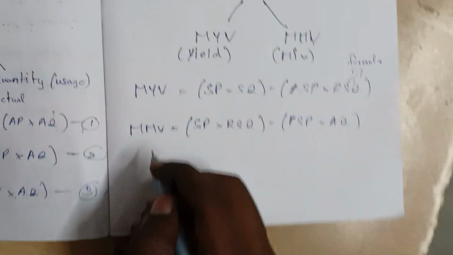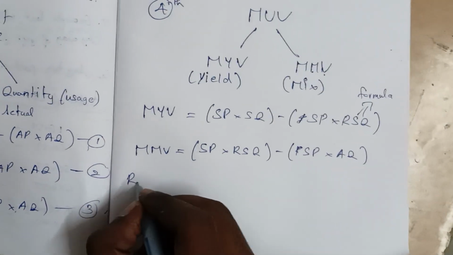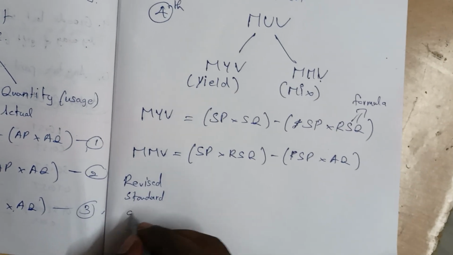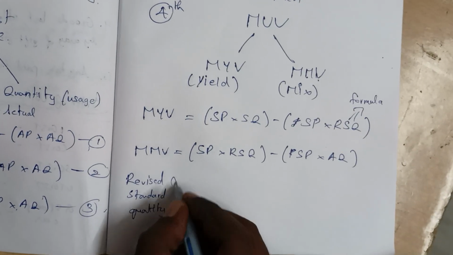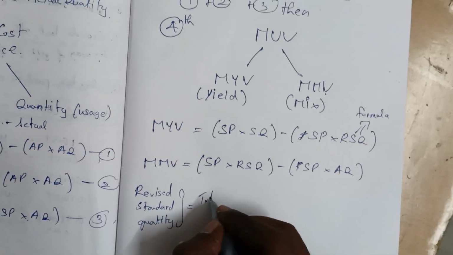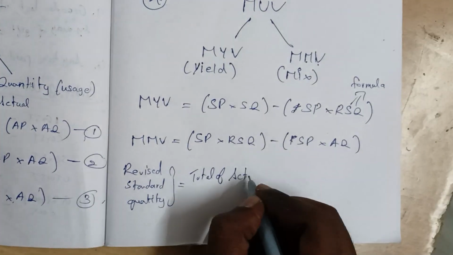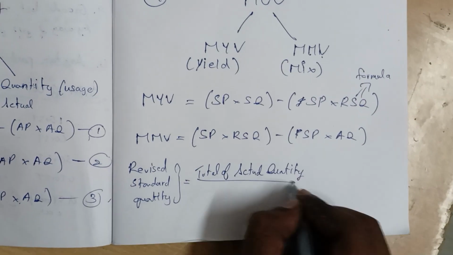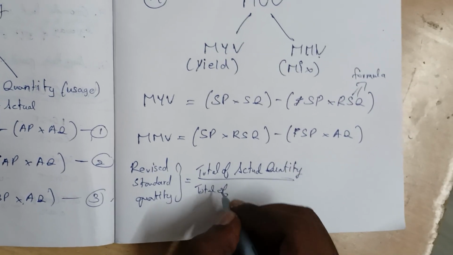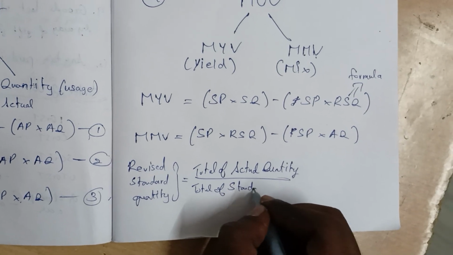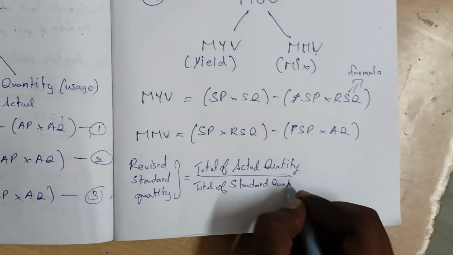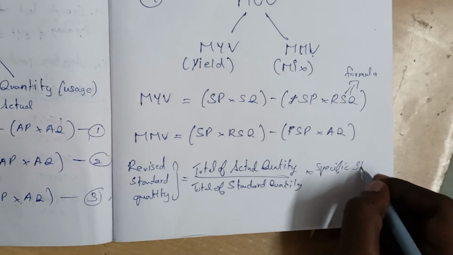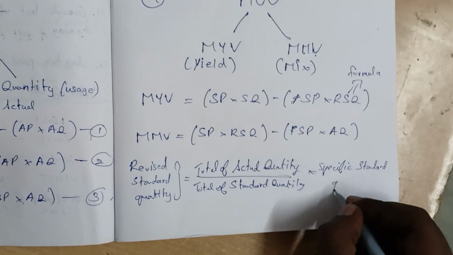That's the formula. So now RSQ, how will you find the RSQ? Revised standard quantity is equal to total of actual quantity by total of standard quantity into specific standard quantity.